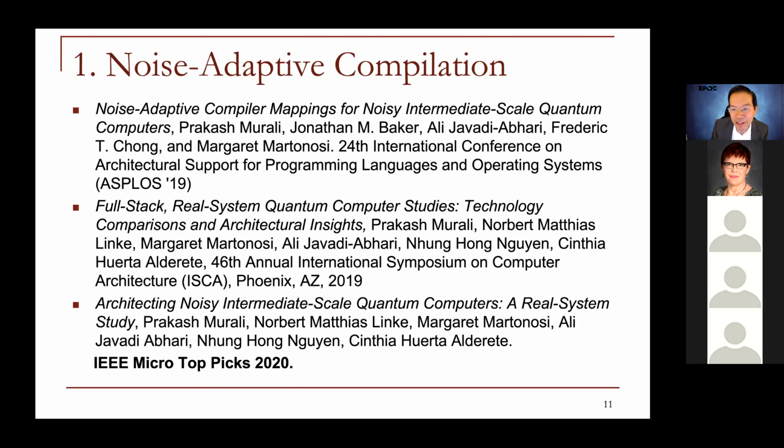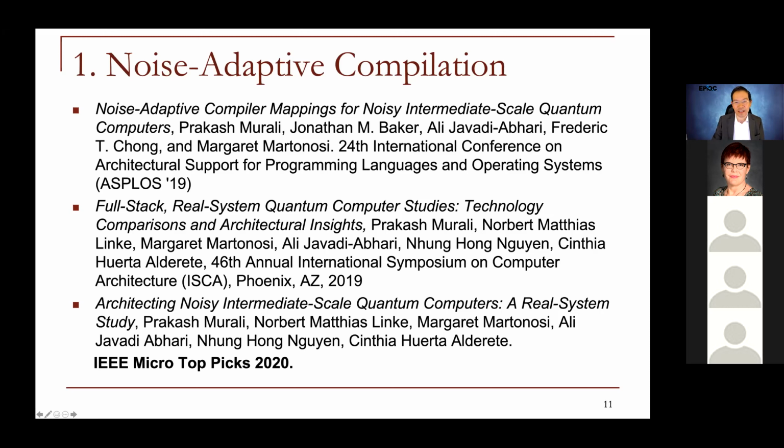Now, the first one I'm going to talk about is some work we did back in 2019 with our Princeton collaborators, Chicago and Princeton. In that work, we adapt our software to the daily variation of IBM's superconducting machines, and also later Rigetti and the Maryland trapped ion machines.